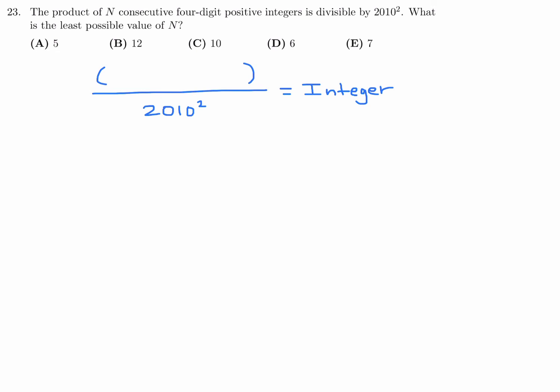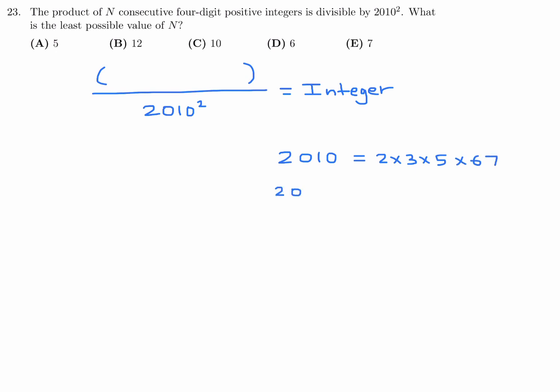Okay, no problem. So that means that this number in the numerator has to include all of the prime factors of 2010 squared. So the first task is figuring out what 2010 is broken down into prime factors. It's 2 times 3 times 5 times 67.